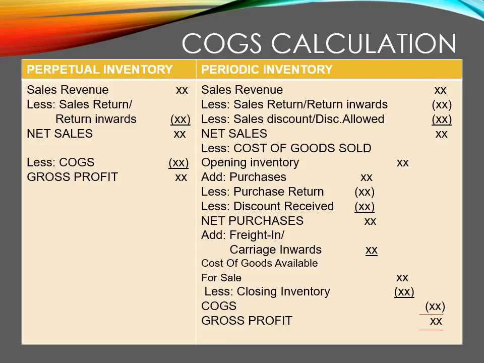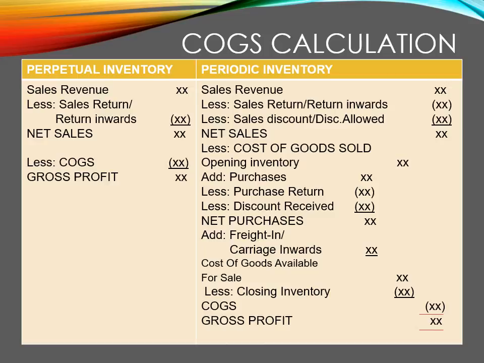So your profit or loss account will have sales revenue, deduct the sales return, and deduct the sales discount to arrive at the net sales value, and then you need to determine the cost of goods sold value, where you need to have the opening inventory value.